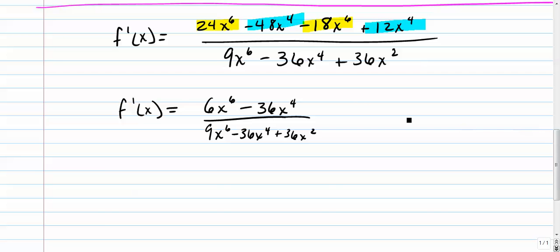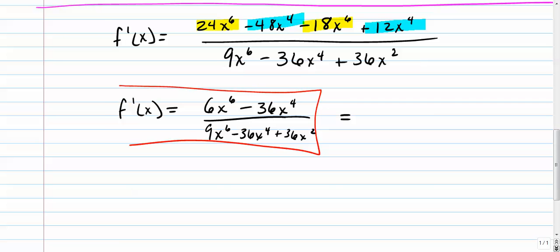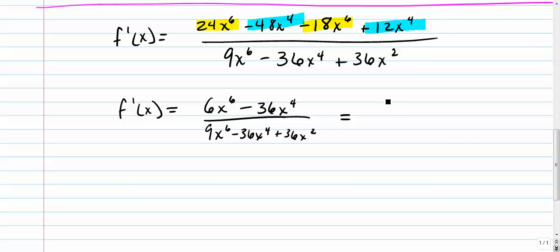You can also take it a step further if you wanted to. You can simplify the numerator and simplify the denominator. Depending on what your teacher wants you to do, this right here might be an okay answer. That is the derivative of what we started with. But I'll take it a step further and look at the numerator and ask myself, what are the common factors? 6 and 36, that's easy, that's 6.